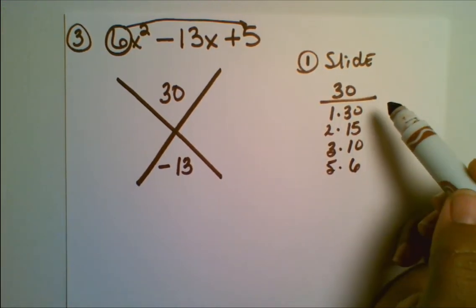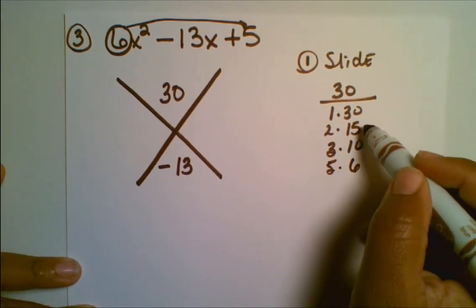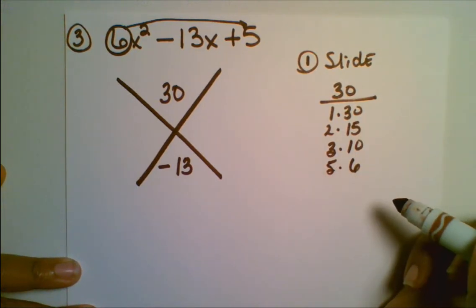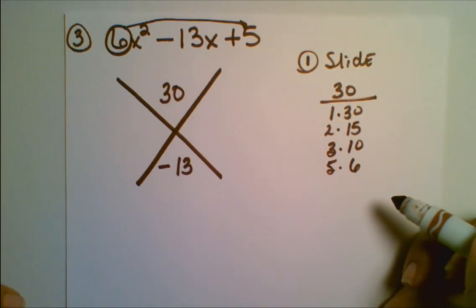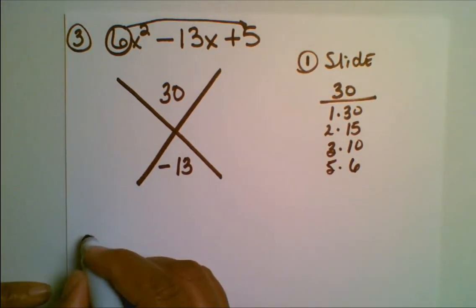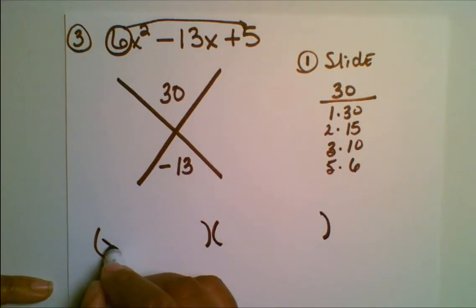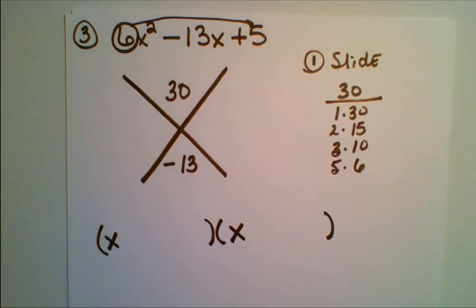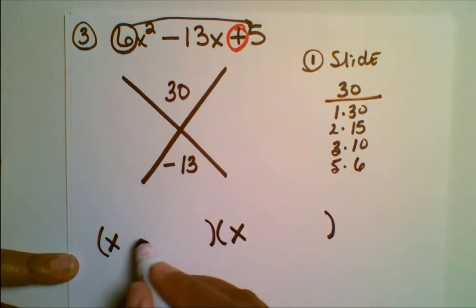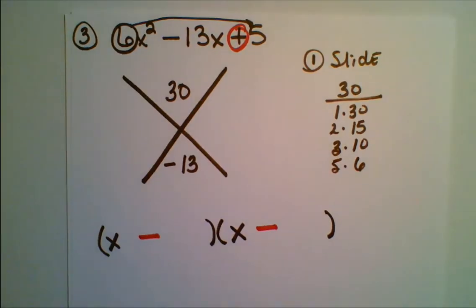So this is a good question because there are two possible sets of factors we can use, but you have to pay close attention because think of your sign rules as we set up our template. The sign of the last term is positive, so we're going to have the same sign, so two negatives.